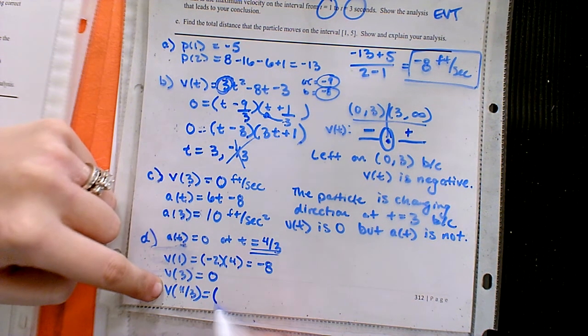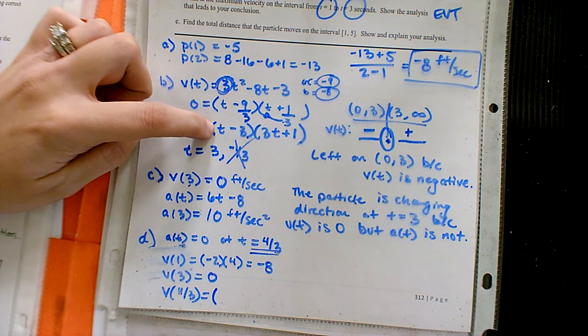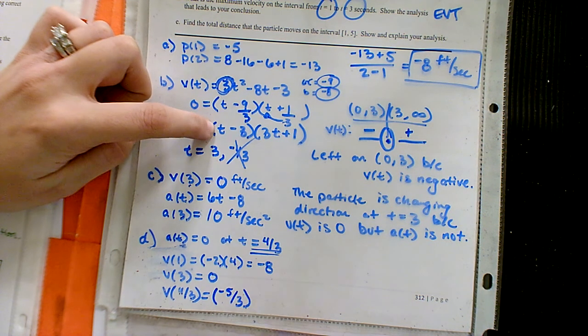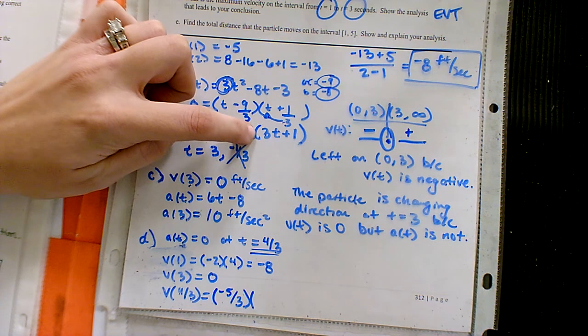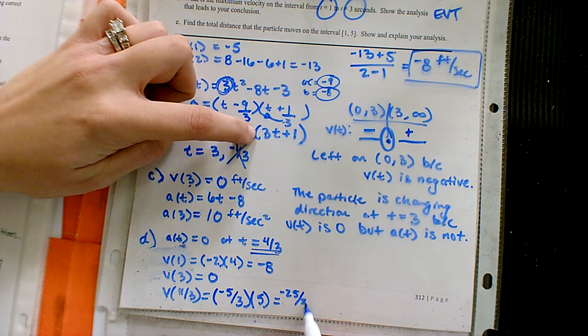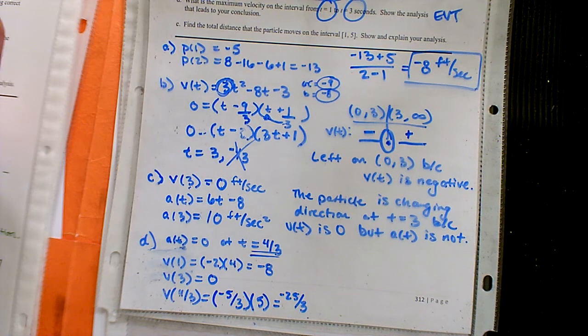If I plug in 4/3, 4/3 minus 3, 4 minus 9 would be -5, so -5/3. And then if I plug in 4/3 into the other factor, the 3's would cancel. I'd be left with 4 plus 1, which would be 5. So negative 25 thirds.